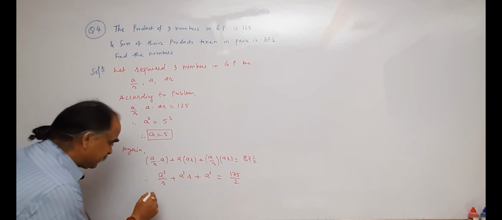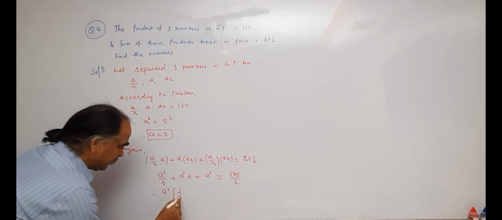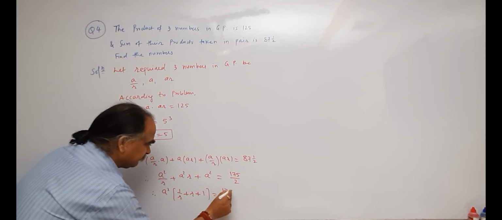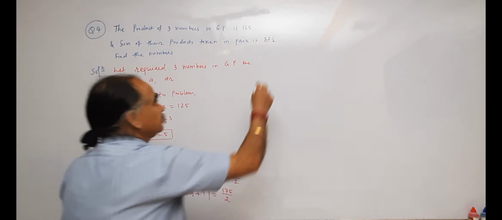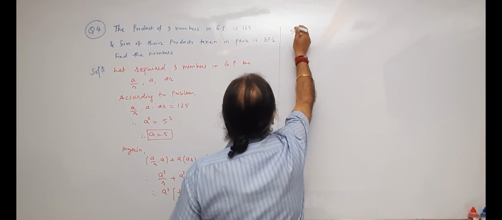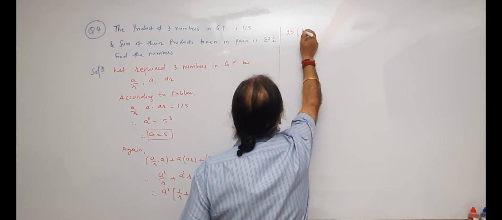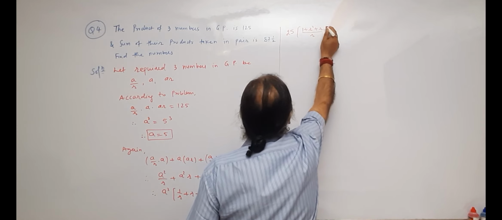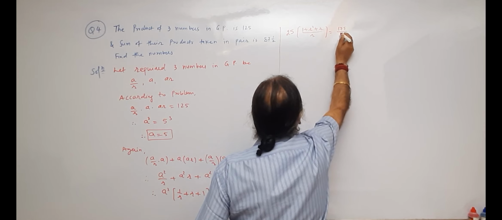Now we can take a square common. In the bracket we get 1 upon r plus r plus 1, equal to 175 upon 2 into 25, since a is 5. That is 1 plus r square plus r divided by r is equal to 175 upon 2.